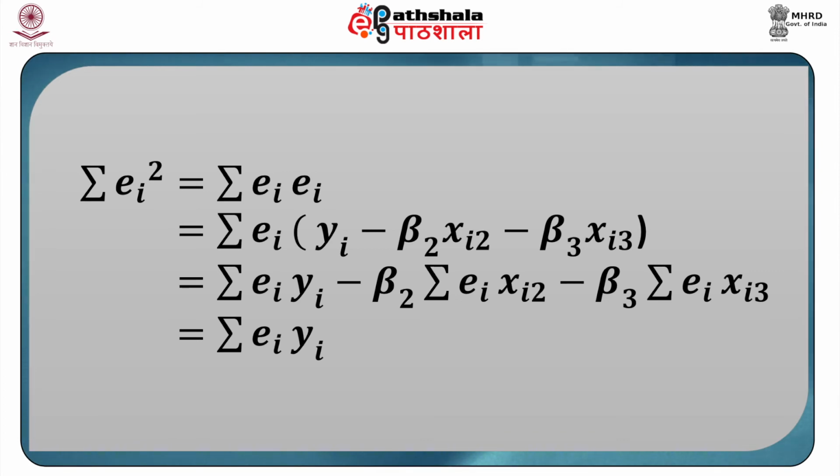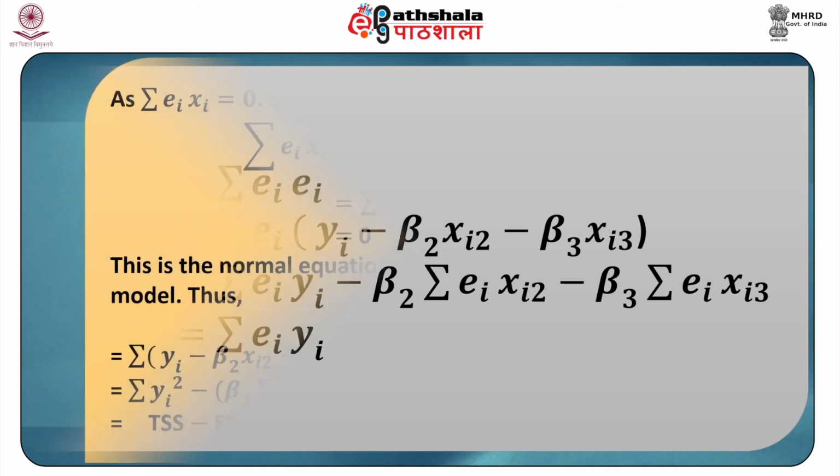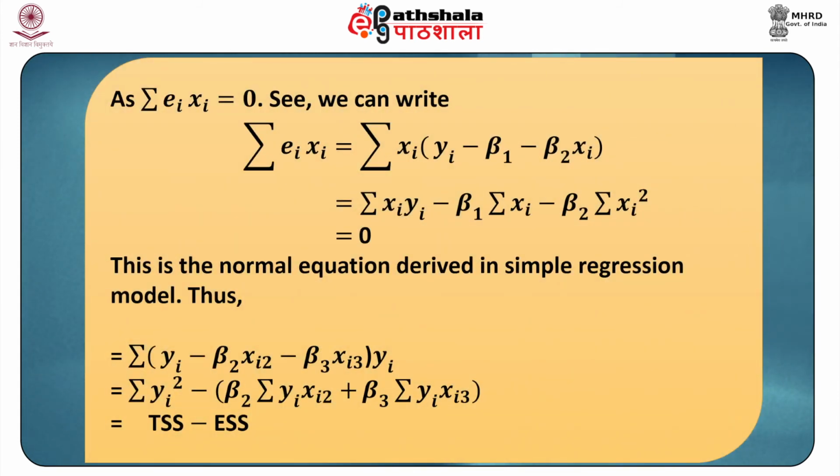On simplification, this comes out to be equal to sigma e_i y_i minus beta 2 into sigma e_i x_i2 minus beta 3 into sigma e_i x_i3, and the whole of this is equal to sigma e_i y_i on simplification, because you can see that sigma e_i x_i is 0.